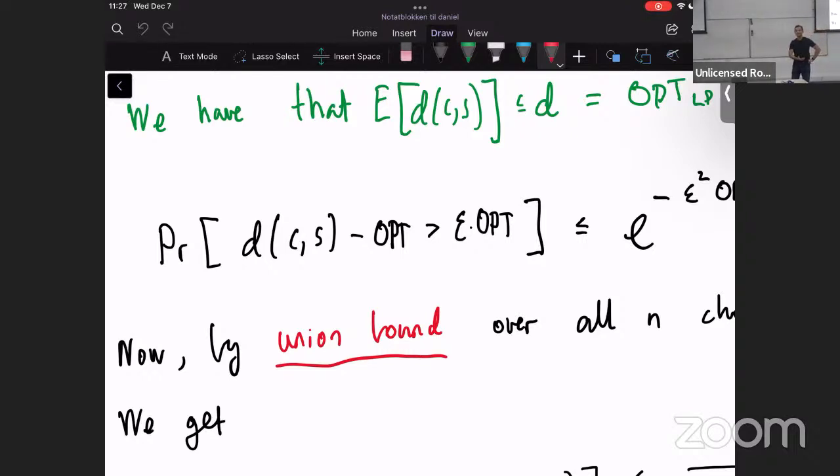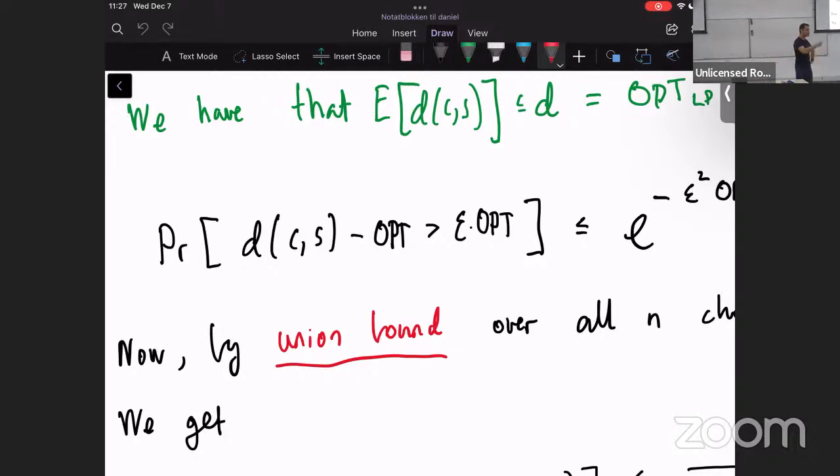So we want to give our rounding a little bit more leeway, right? We're shooting for a 1 plus epsilon approximation algorithm. We can allow the distance from C to S to be 1 plus epsilon opt. So the event we're interested in is, what is the probability that distance from C to S overshoots opt by at least epsilon opt? That's the bad event that we're trying to upper bound the probability of.